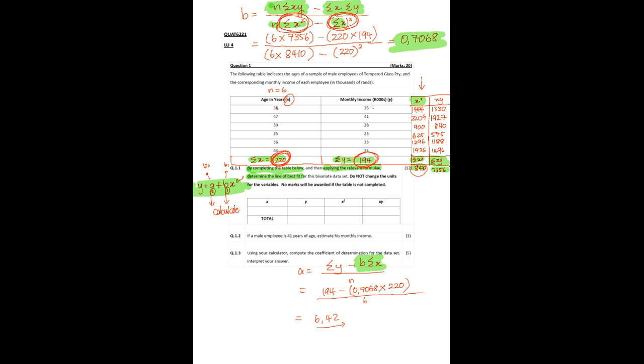And you're going to say that y is equal to, in place of A, put in the value of A, which is 6.42. And then in place of B, you'll say plus B is 0.7068. And then you'll put in the value of x.